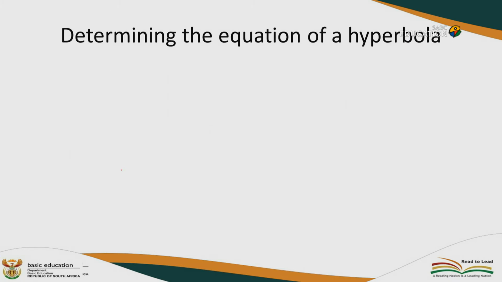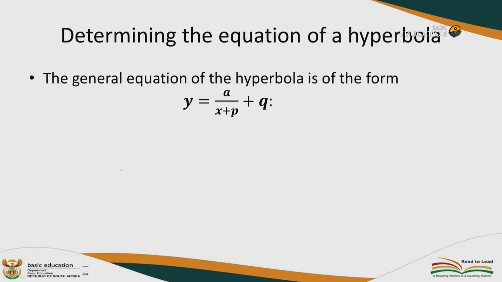So now, let us look at determining the equation of a hyperbola. The equation of a hyperbola is of the form y equal to a over x plus p, plus q, as we've already stated. However, these are not the only forms in which this hyperbola can be found. This is just the general equation.